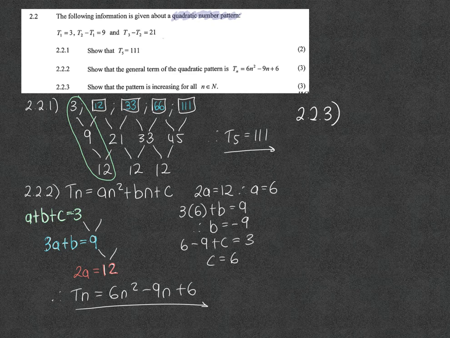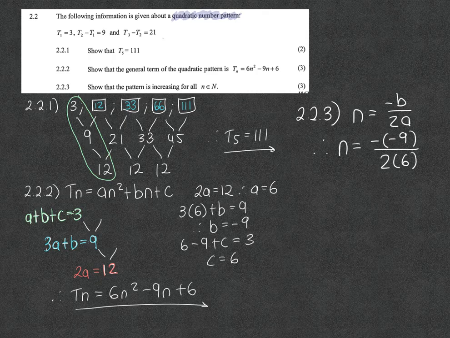So we use n equals minus b over 2a. Does everyone remember that formula? It gives the x coordinate of the turning point of a parabola, and we're doing the same thing here. Therefore, n is going to equal minus, minus 9 over 2 times 6, which is 9 over 12, which is 3 over 4.